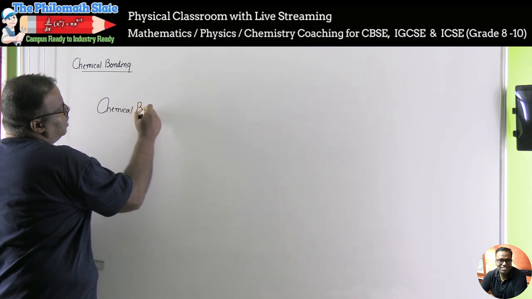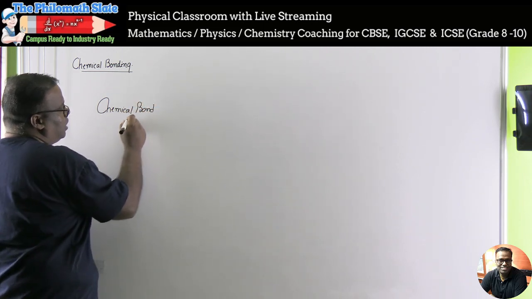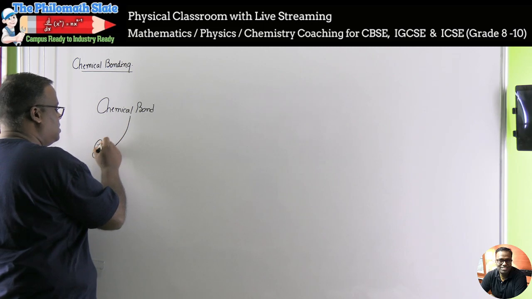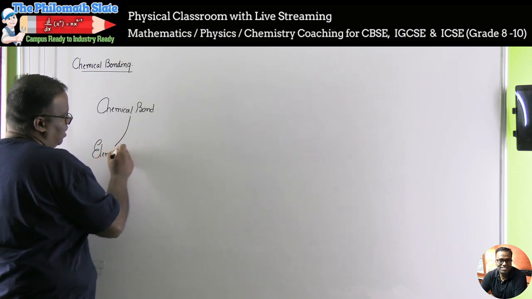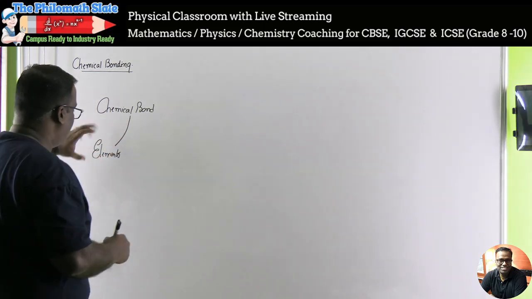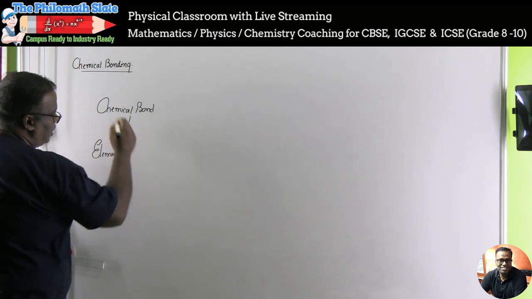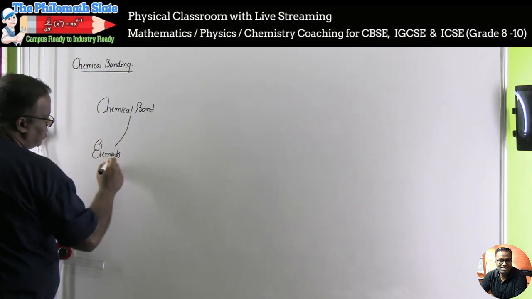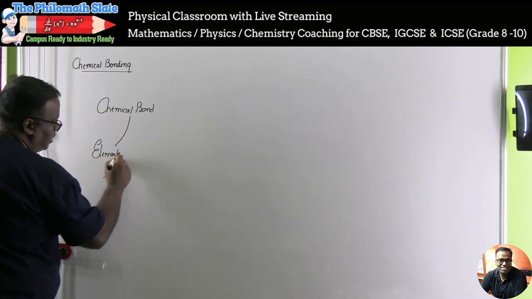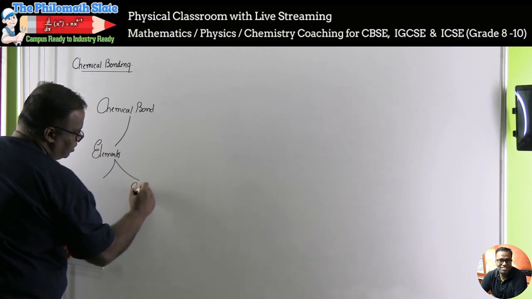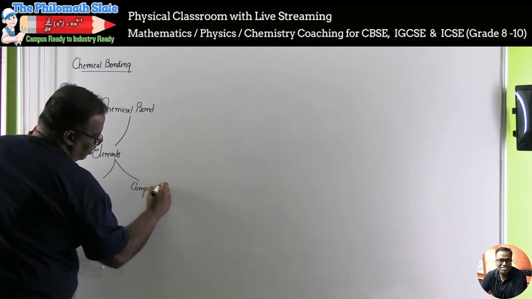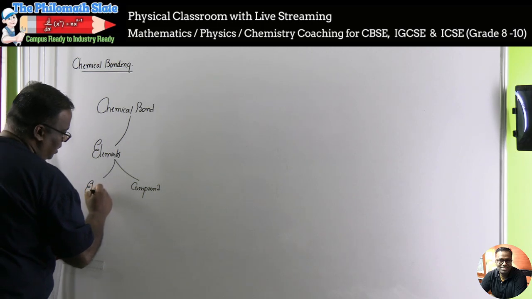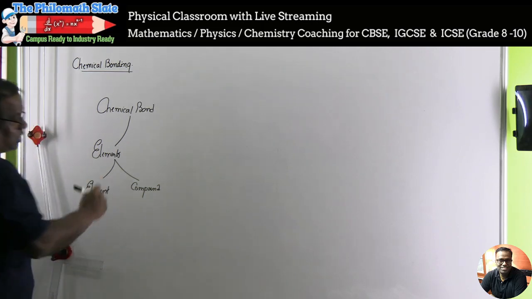This chemical bond can be formed amongst elements, okay? And after the chemical bond is formed among elements, you can get either a compound or you can still remain as an element. Okay, you can still remain as an element.